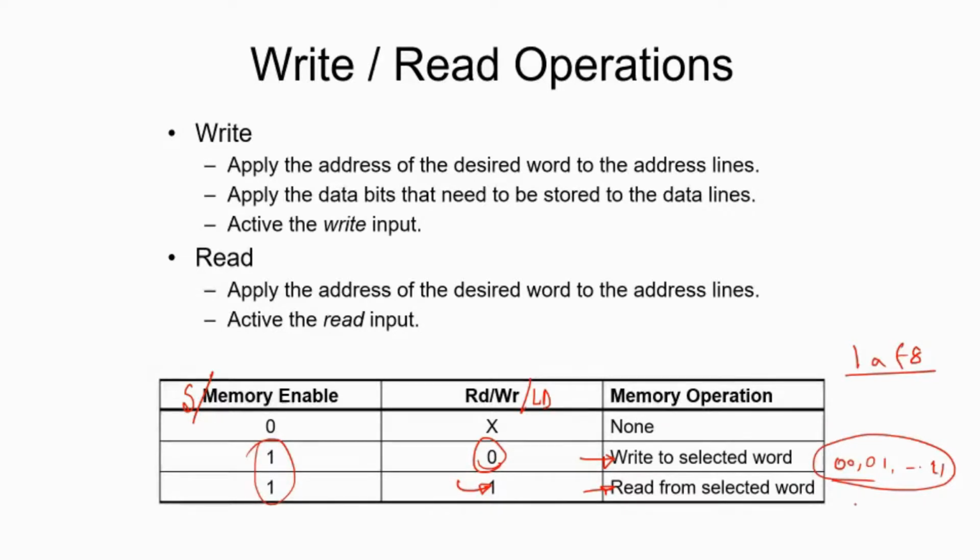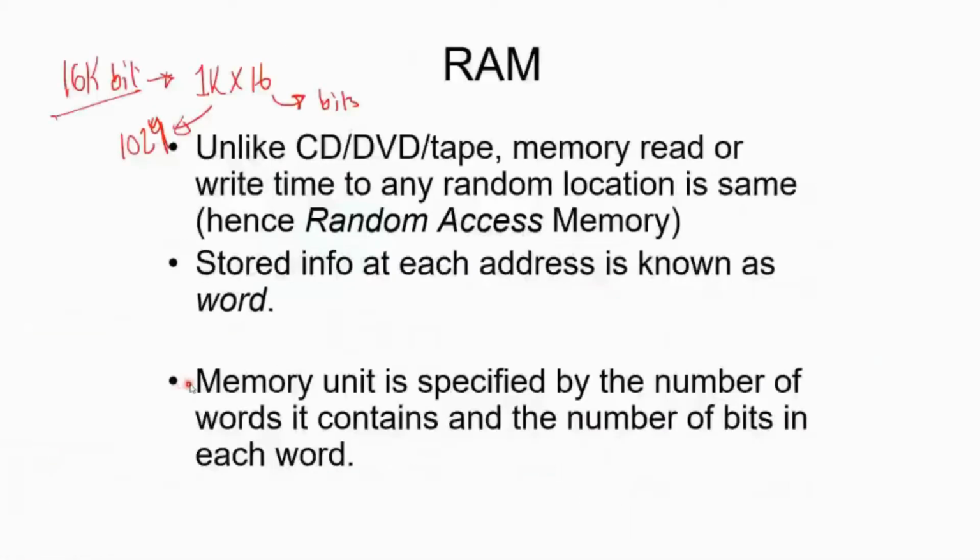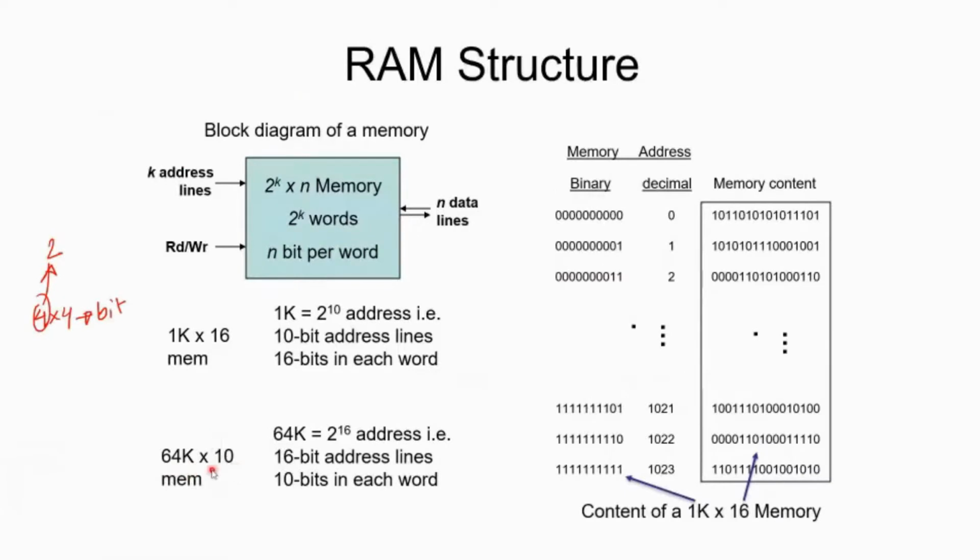examples. Now how to actually, again going back, let's talk about the 64k into 10. So how can we make it? 64k into 10 means actually there is 10-bit data and there is 64k. So 64k is to the power 16 address.